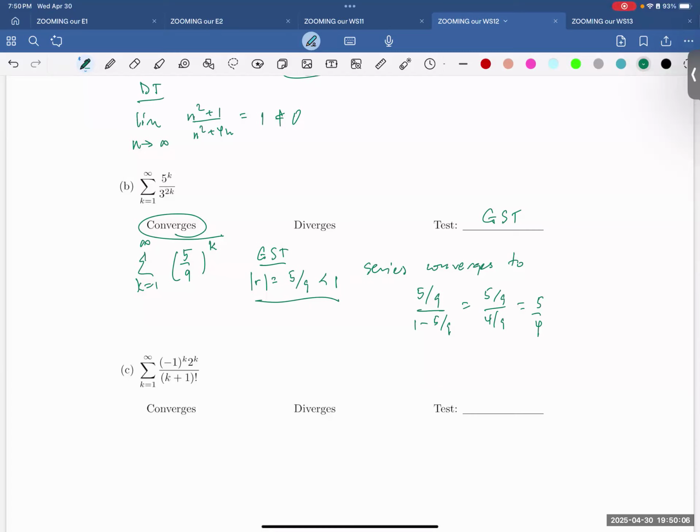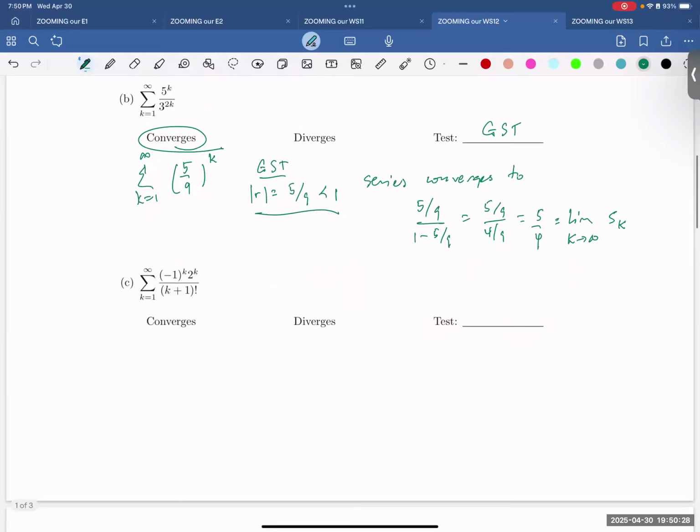That's what the series adds up to. Connecting that to sequences of partial sums, 5/4 would also equal the limit as k goes to infinity of the associated sequence of partial sums.